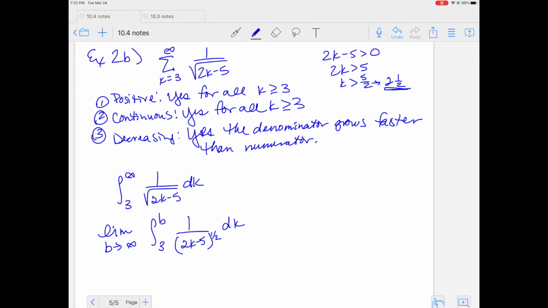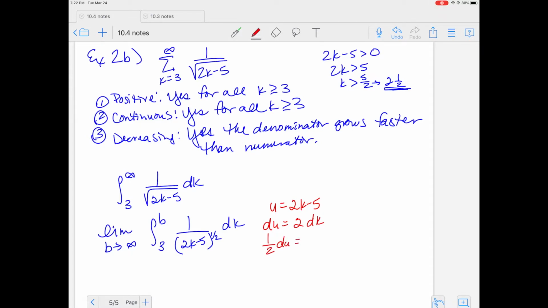All right. You can do a u sub, or you can do this in your head. Honestly, that's up to you, right? But if you do the u sub, because I have a feeling with us doing it like this, that's going to make more sense to you. If I have u equals 2k minus 5, du is equal to 2 dk.